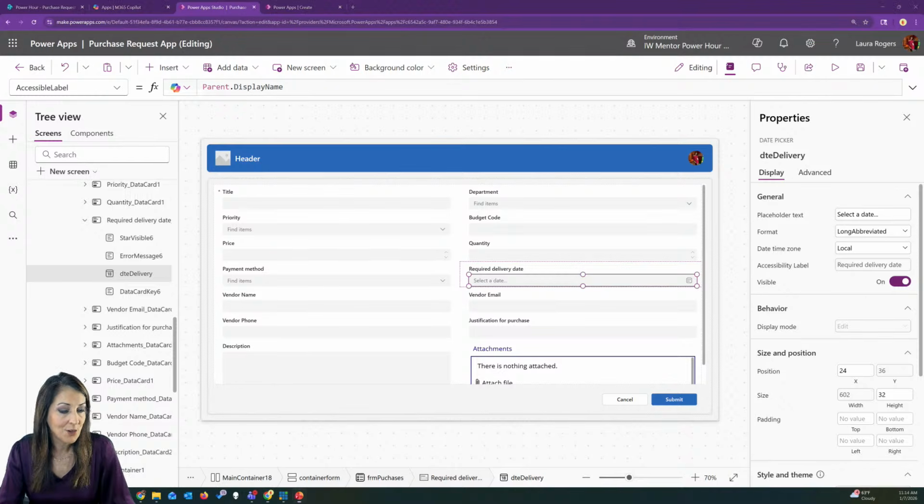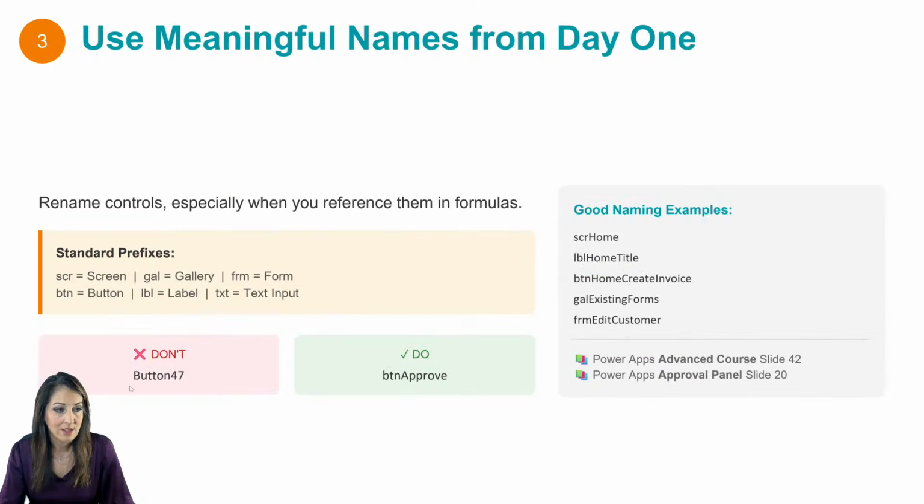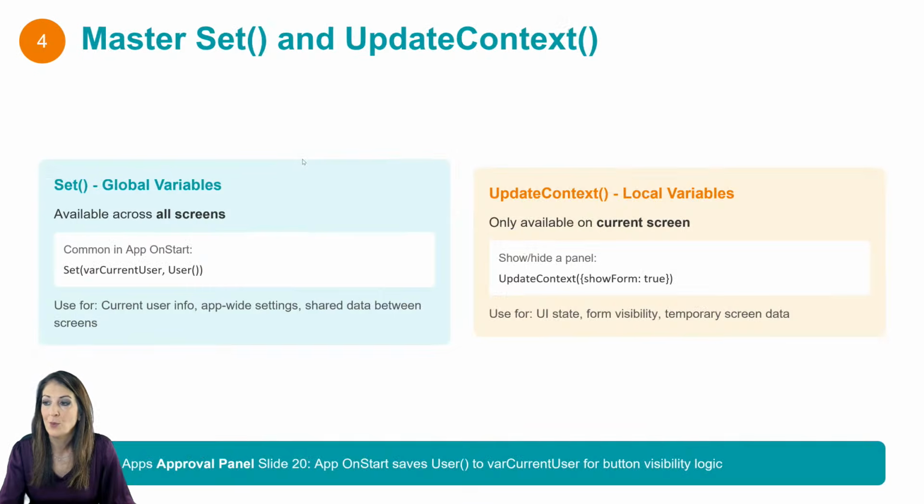Okay, so that was tip number 3. Tip number 4 is to understand how variables work. Master these functions for Set and UpdateContext. Set is for global variables that carry across wherever you are in the app.